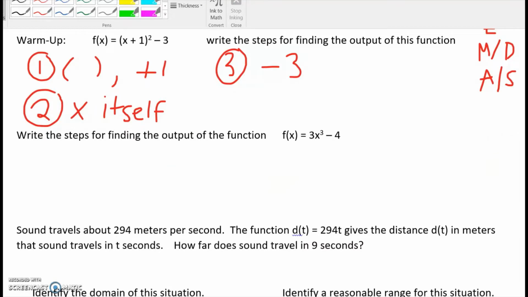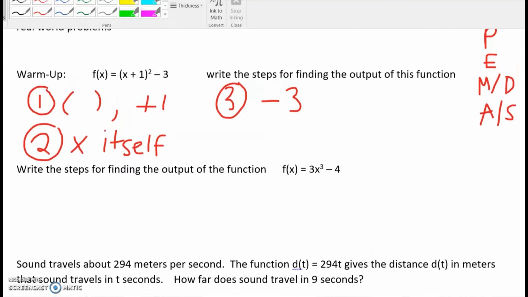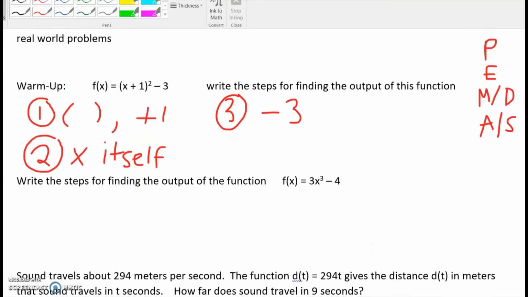Same thing for this next one. It says write the steps for finding the output of the function. So we look at our order of operations. We look at our parentheses, don't have any, and then exponents is next. We do have an exponent, so that's the thing we're going to do first. We're going to take the number and put it to the third power, which means multiply it by itself 3 times: the number times the number times the number.